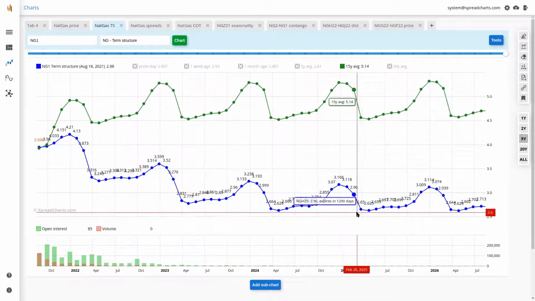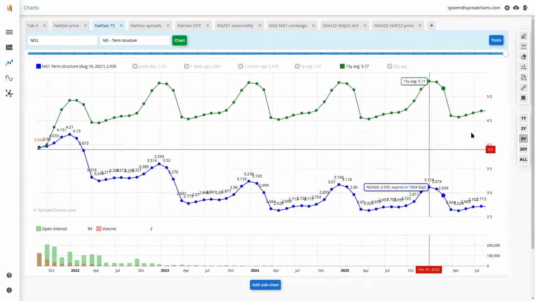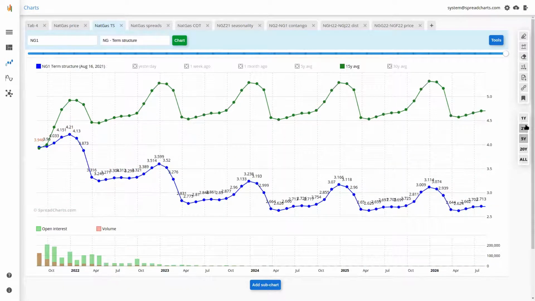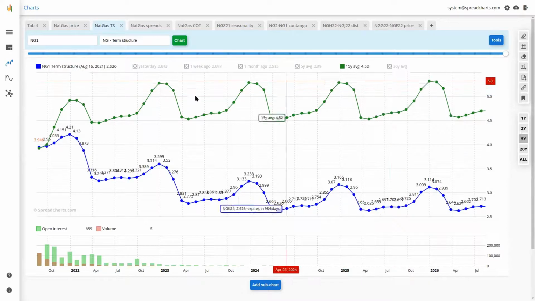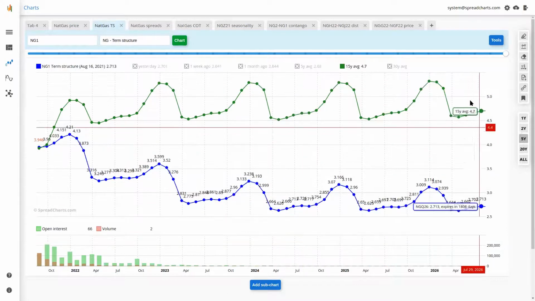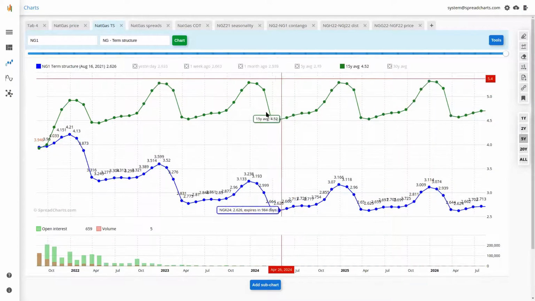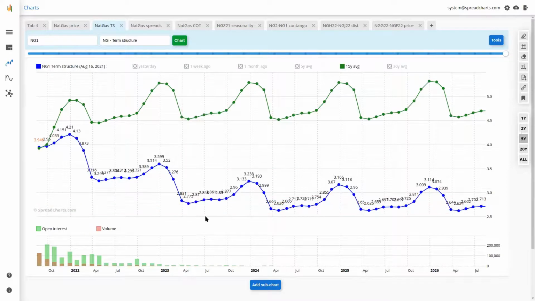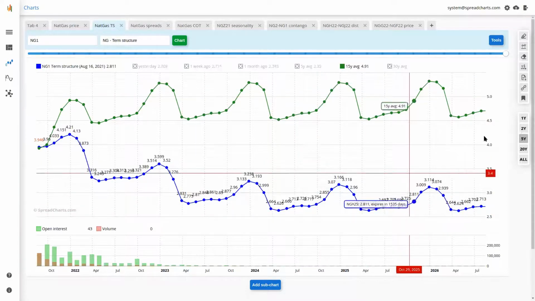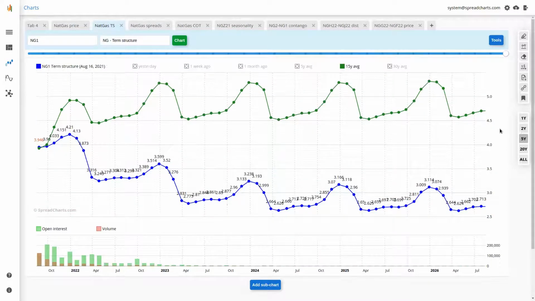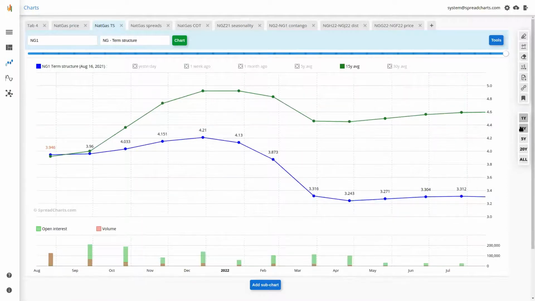So there is still a lot of disbelief in this bull market in Nat Gas. So I think this creates a huge opportunity. And once the curve is repriced, I think the equities, the companies drilling for Nat Gas or transporting Nat Gas, will benefit tremendously.